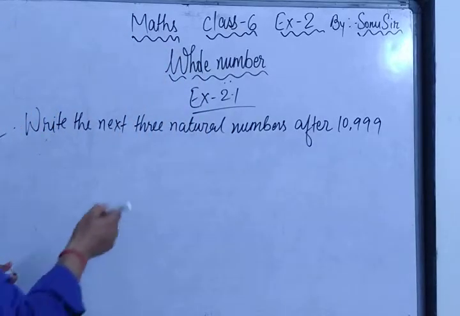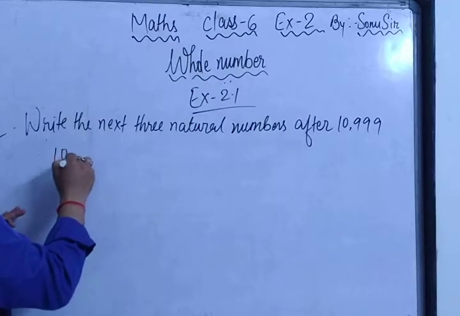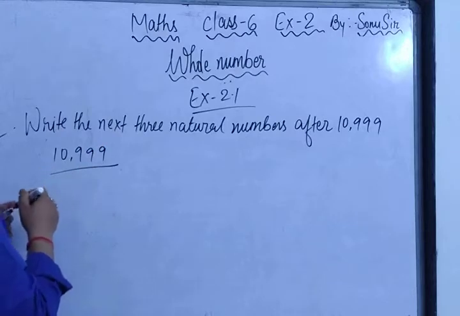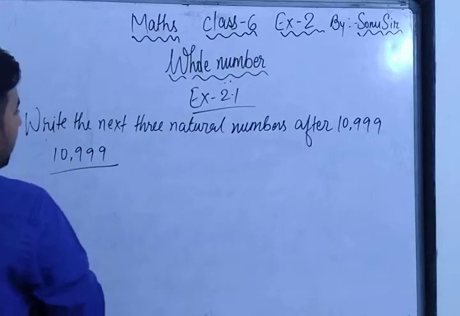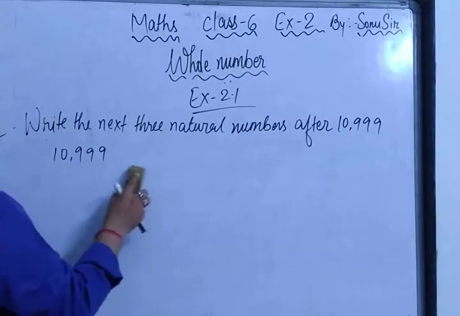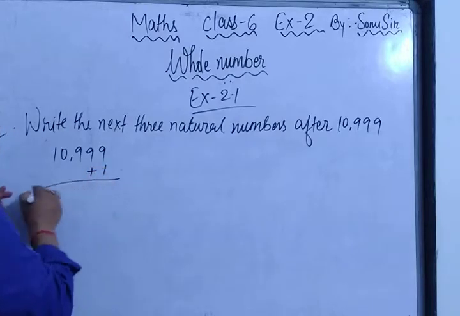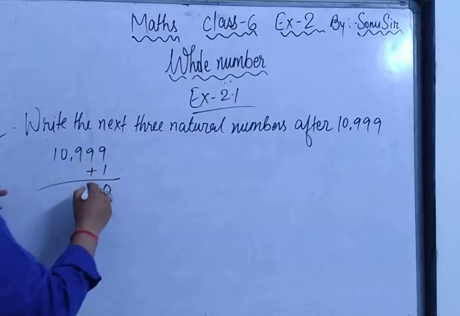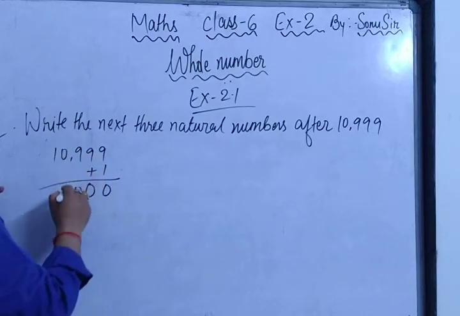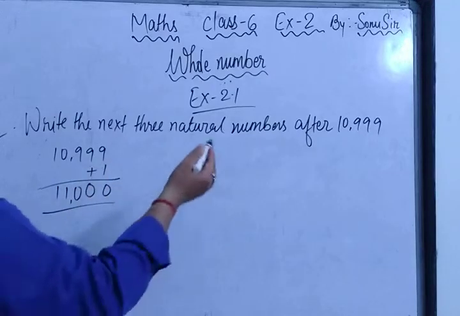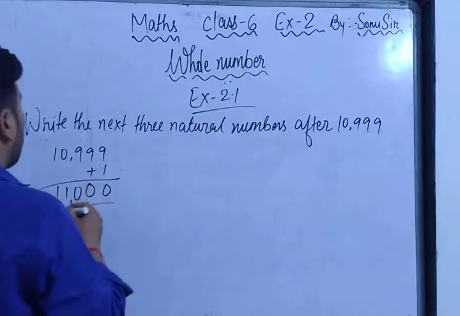If we add 1 to 10,999, what will happen? That will be the successor of 10,999. So 10,999 plus 1: 9 plus 1 is 10, 9 plus 1 is 10, 9 plus 1 is 10, 0 plus 1 is 1. So 11,000 will be the next number. So what do we have to write?